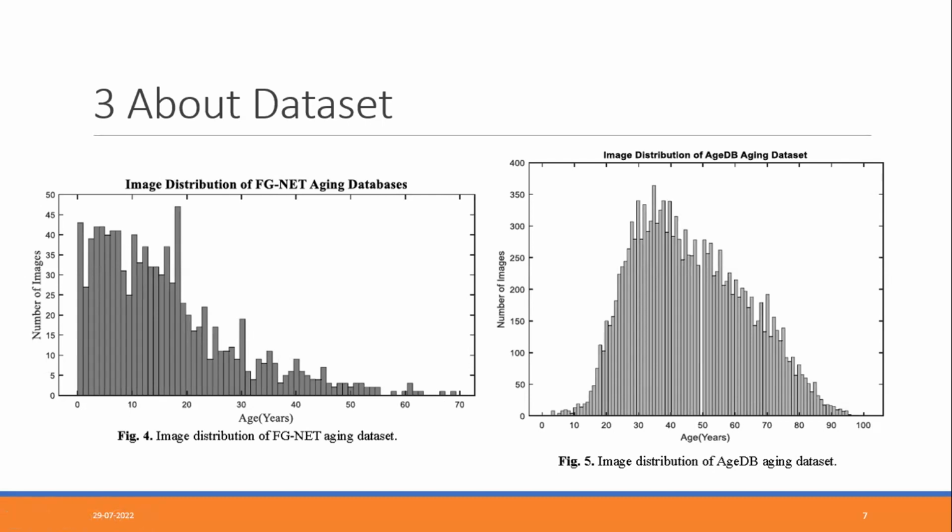It has more than 16,000 images, with a sufficient number of images between 20 and 80 years, with the help of which we can train the network and get the result.